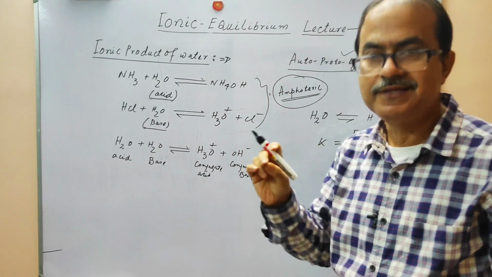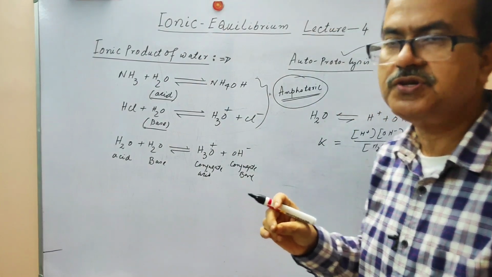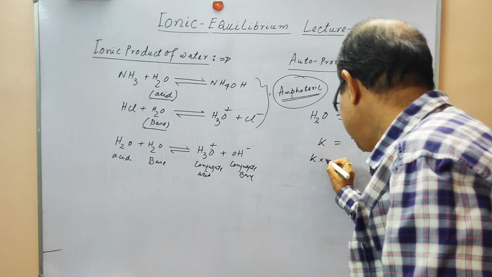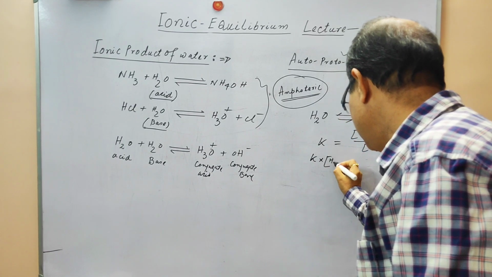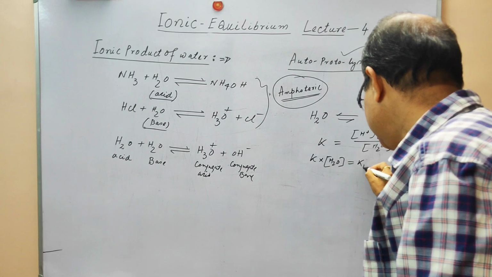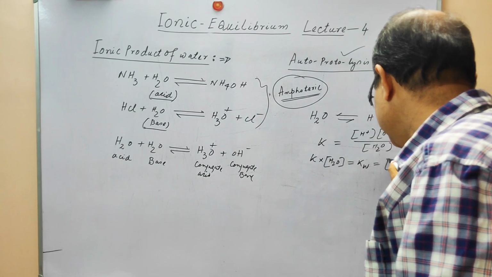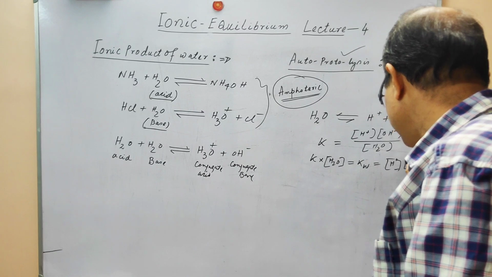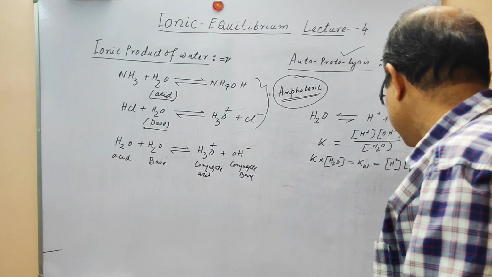As H2O is in excess, its molar concentration does not change with time, so we can write K times the concentration of H2O as itself a constant, Kw, and it gives the product of the molar concentrations of hydrogen ion and OH minus ion.